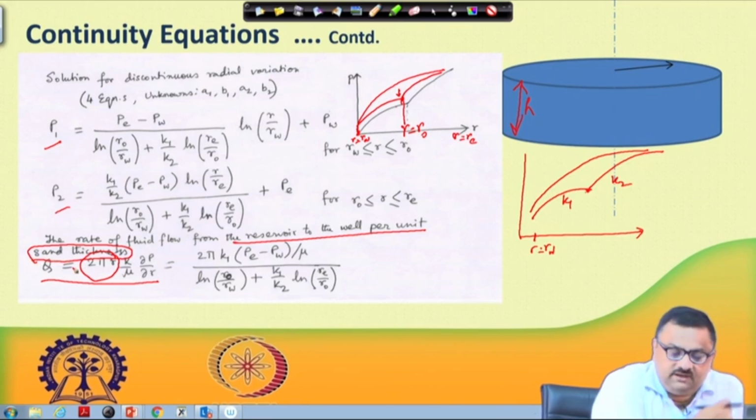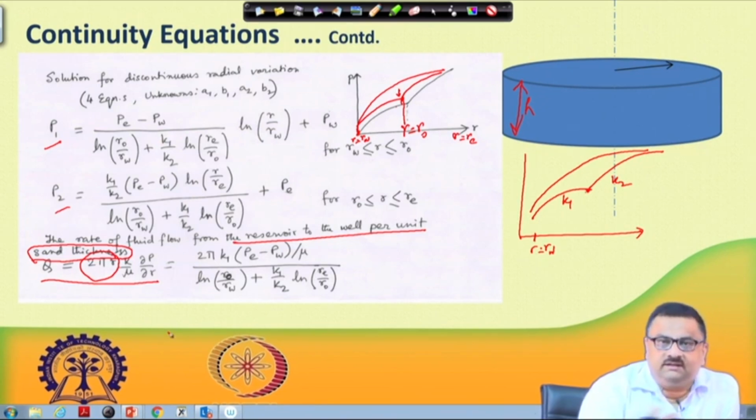If you consider h not to be 1, but to have a finite value, put the h here, there will be an h continued. Okay. So Q is equal to this quantity, and if you take this pressure profile and take the derivative of it, you end up with an expression of flow rate, which is given by this.